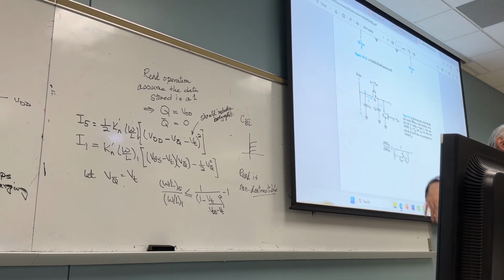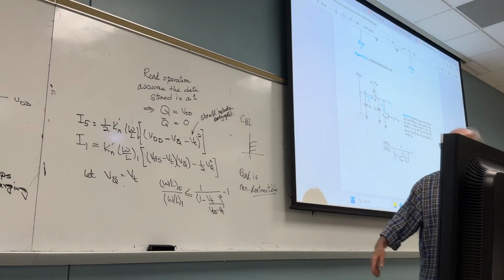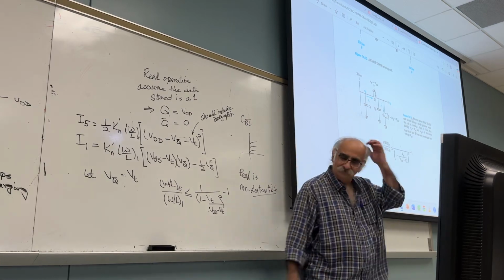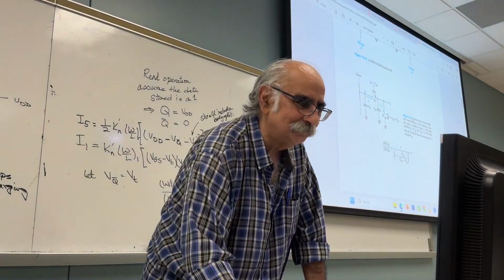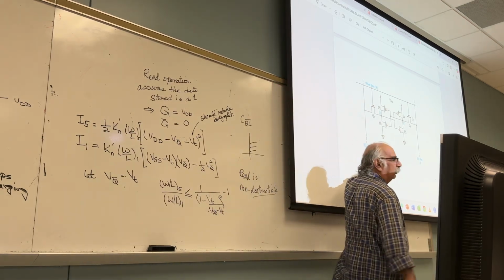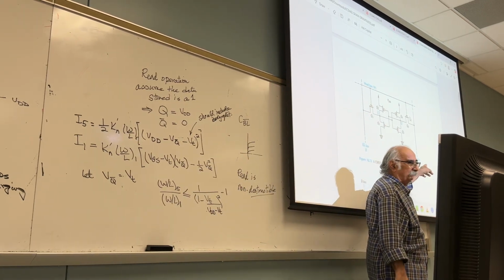Now what happened? So tell me, how do I read the bit? VQ passes VT. What did I pre-charge the bit line to? VDD.